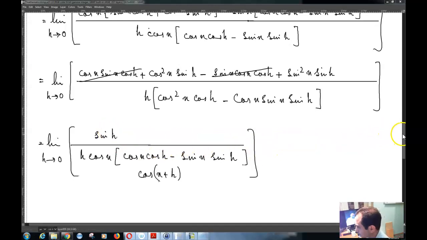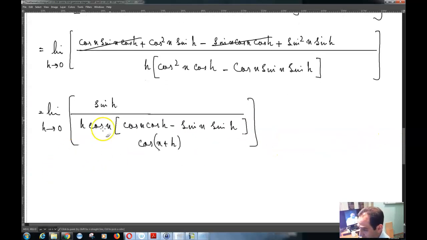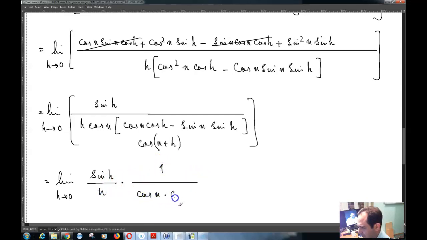Okay, we have no problem actually. So I can write this as sine h over h. I can write this as the limit of h tends to 0 of sine h over h times 1 over cos x times cos of x plus h.